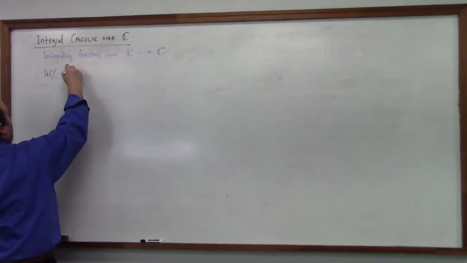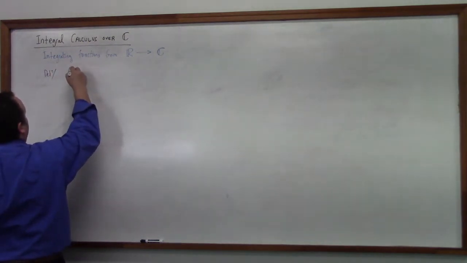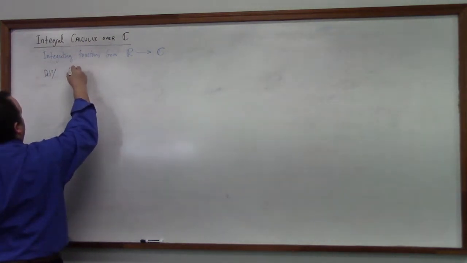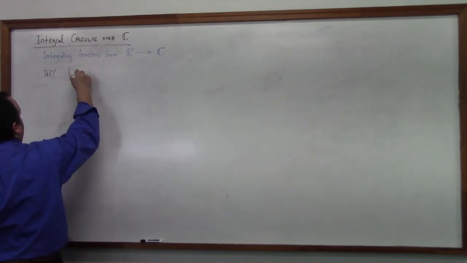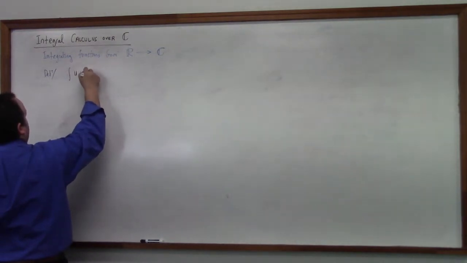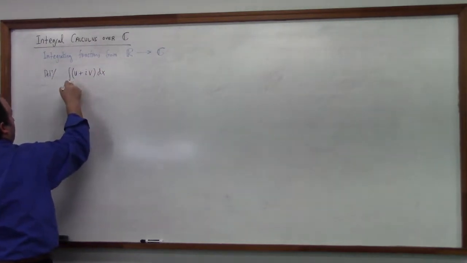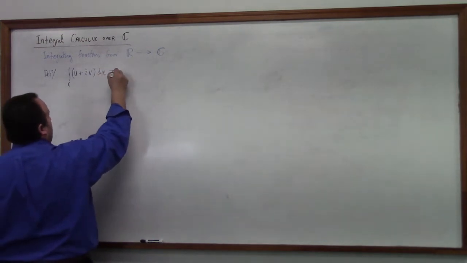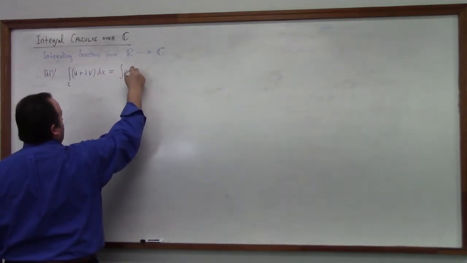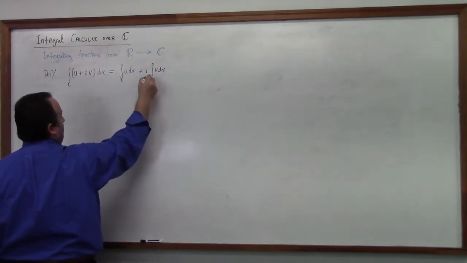If we're integrating, say, u plus i v dx over a curve, then this is just equal to the integral of u dx plus i times the integral of v dx over the curve.